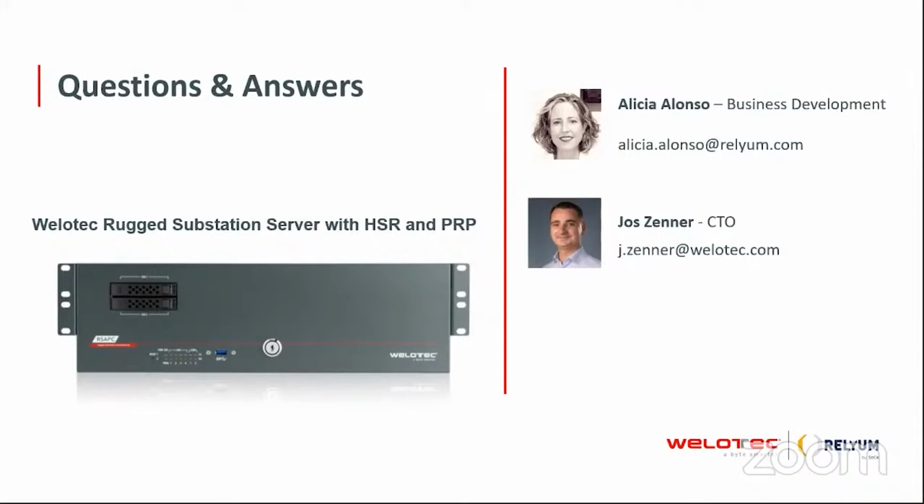Austin would like to know, in case of jitter and latency, how does the system cater for this? Sorry, I couldn't hear the question very well. In case of jitter and latency, how does the system cater for this? Latency, well, one of the benefits is the fact that it's a layer 2 protocol.